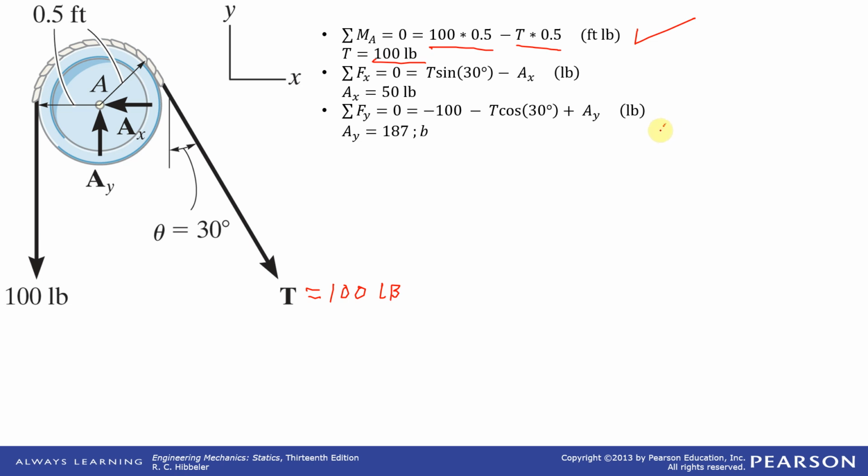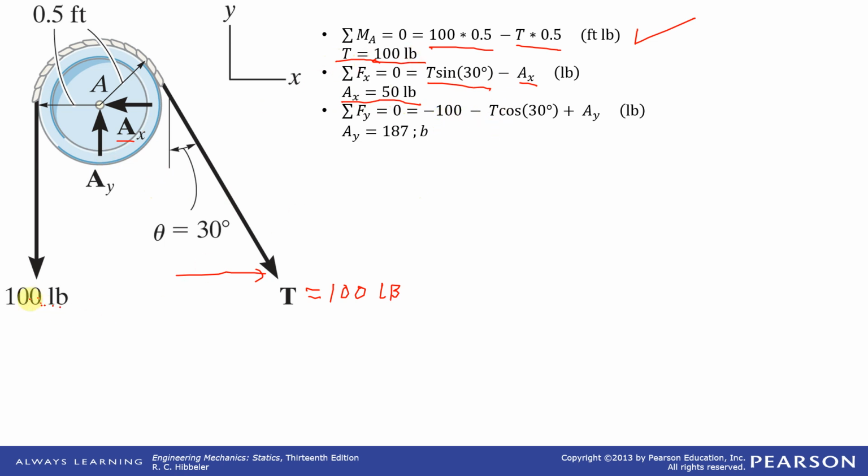Okay, F sub x, we have T sine 30. So T sine 30 here, and minus A sub x here gives us 0, so A sub x is 50. And then A sub y.